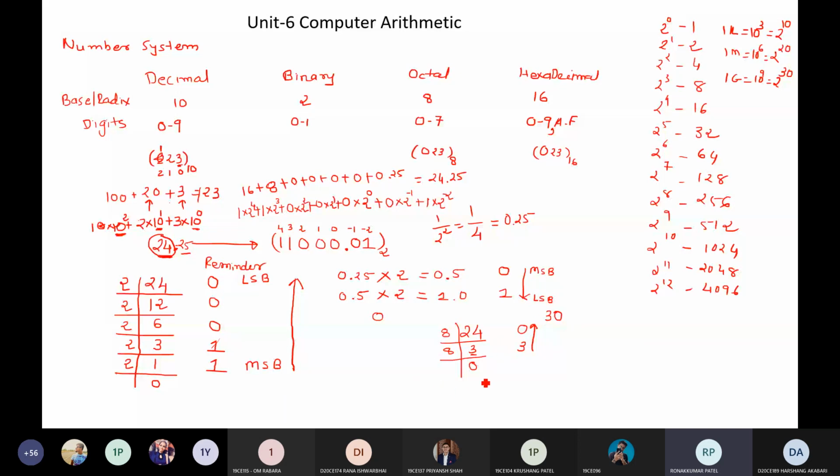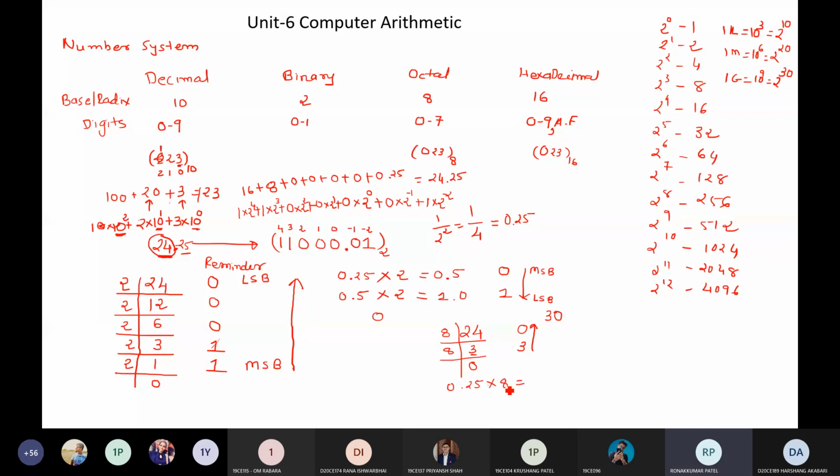Okay, now let's do for 0.25. So 0.25 multiply by what? 8. 0.25 by 8 you will multiply.